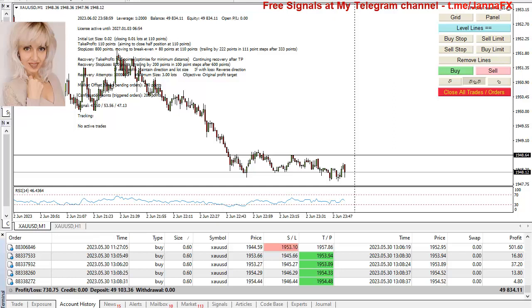So if you, for example, would want to rent my EA, which I use in my daily trading, where I place my orders manually and send those to the Telegram channel, that's the EA, and it doesn't have this automatic feature just yet.